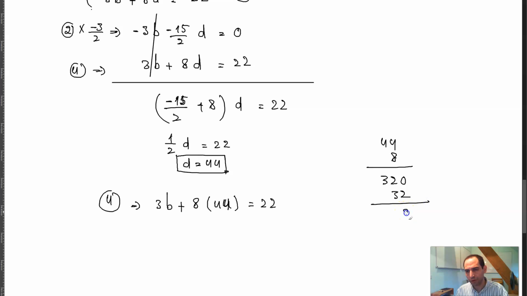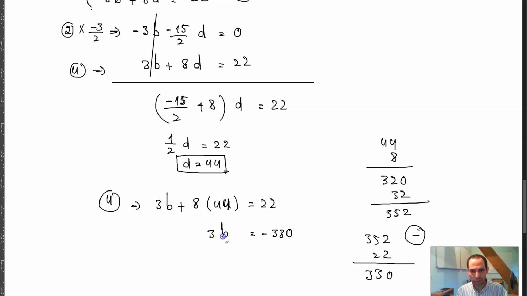Add them together, you'll get 352. Goes to the other side, becomes negative 352. And 352 minus 22, and have a negative sign there, is negative 330.